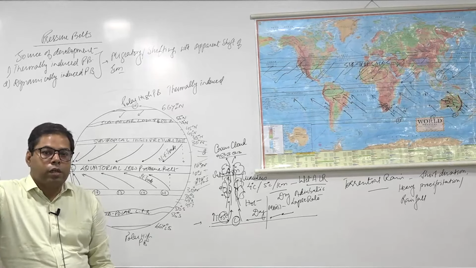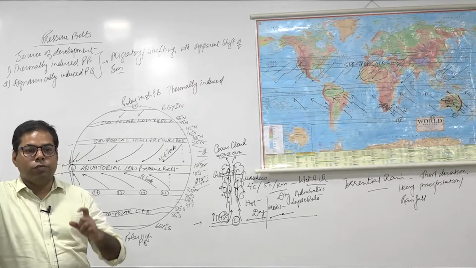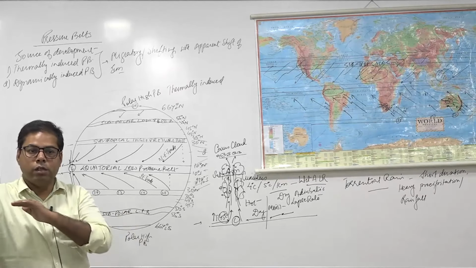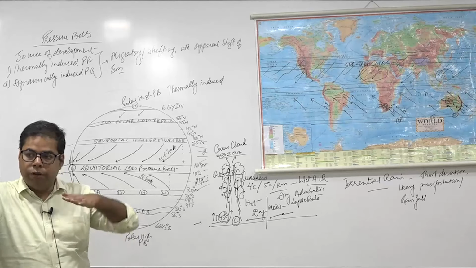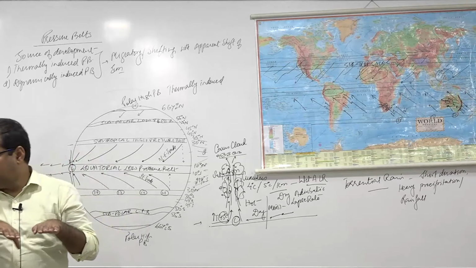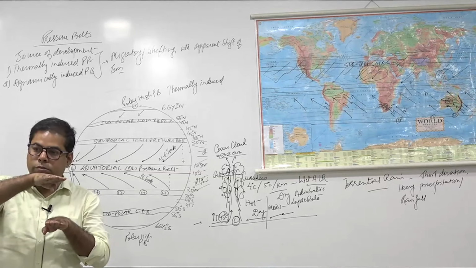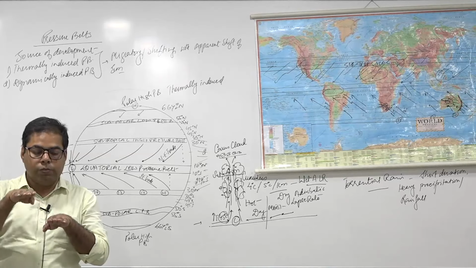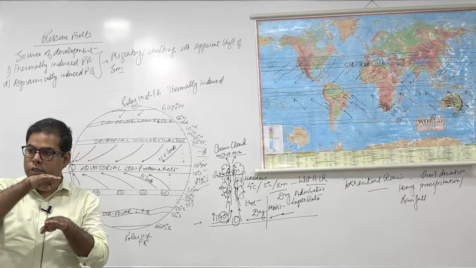देखो सिंपल सा है. Normal lapse rate is the decrease of temperature of the parcel of air or the static air in the different pockets. Different pockets means at different altitudes, from 1000 meter height to 2000 meter height. So there is one pocket of air, and from this pocket to this pocket, temperature is decreasing.